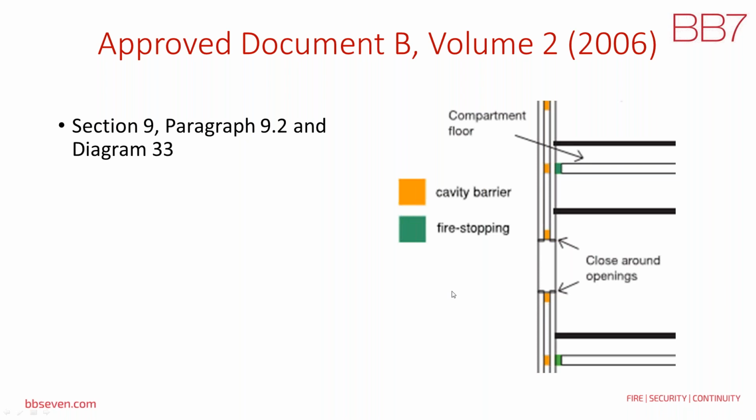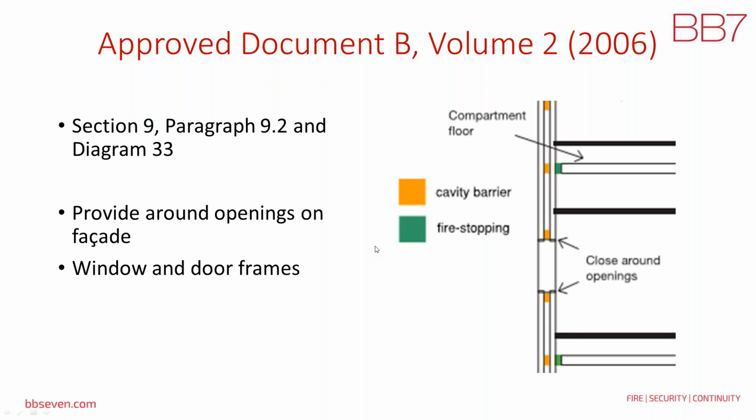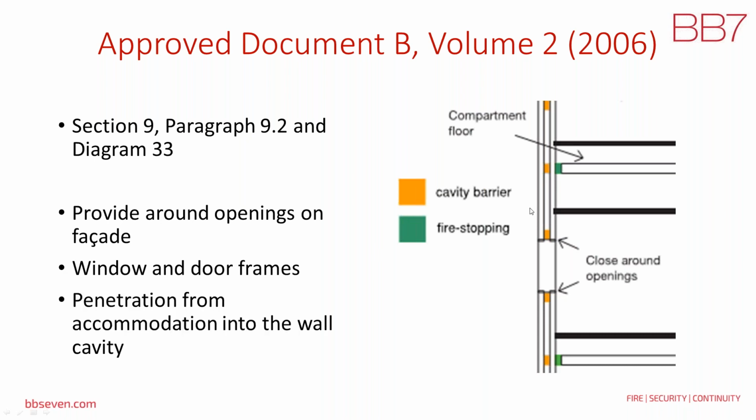And you've got cavity barriers around openings on the facade. So you've got this close around openings indication here. And around the openings, you provide a cavity barrier. And also in line with compartment floors and compartment walls. So here we've got a section through a wall. So we can see that we've got compartment floor cavity barriers, but this diagram doesn't show you some compartment walls.